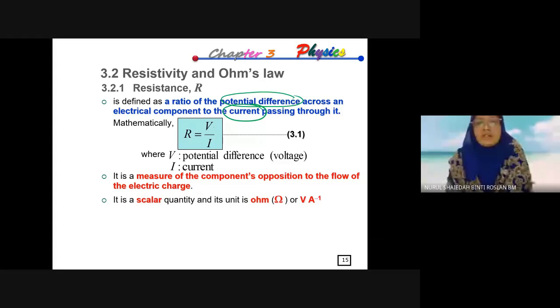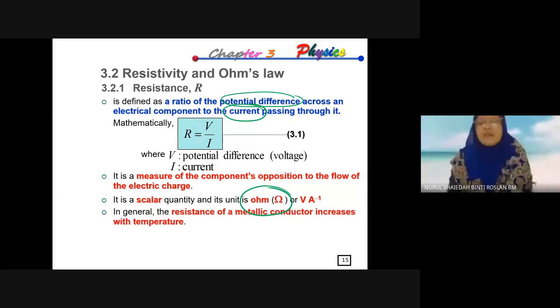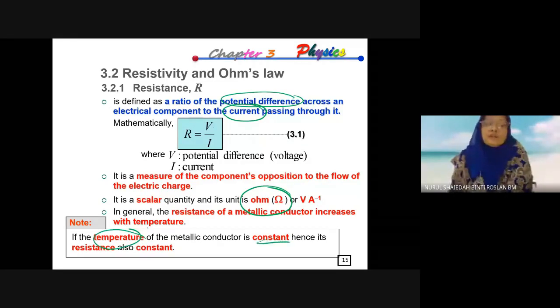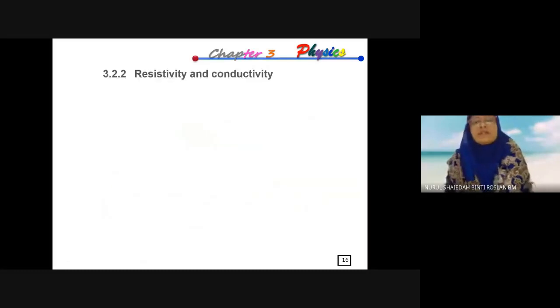It is a scalar, and its unit is the ohm, or VA^-1. Usually we just use ohms. In general, the resistance of a metallic conductor increases with temperature. If the temperature of the metallic conductor is constant, its resistance is also constant. So it depends on temperature.